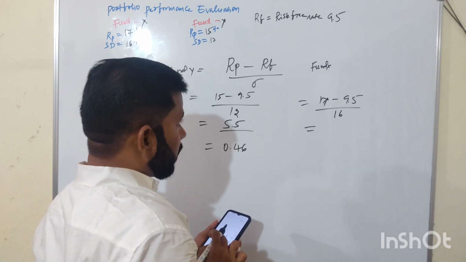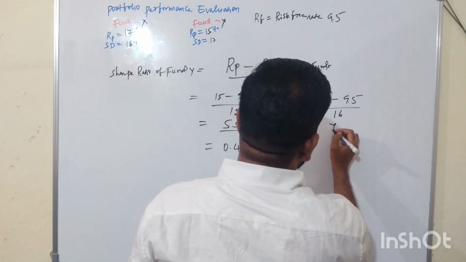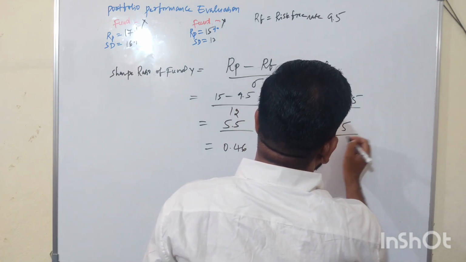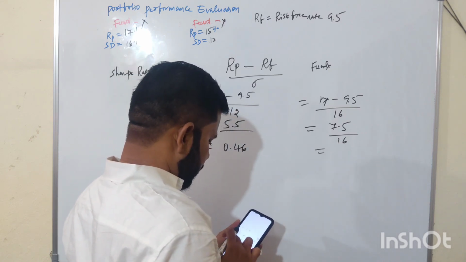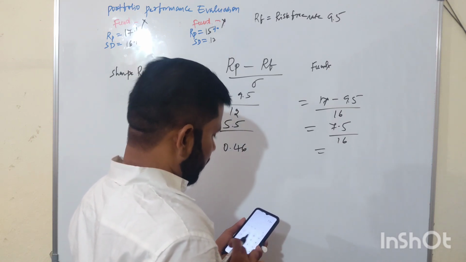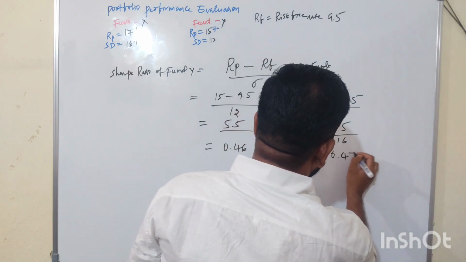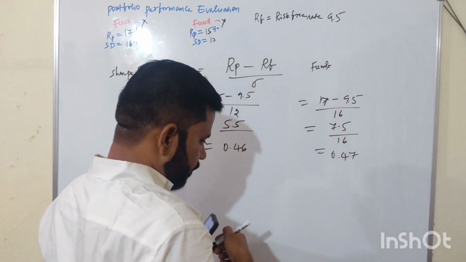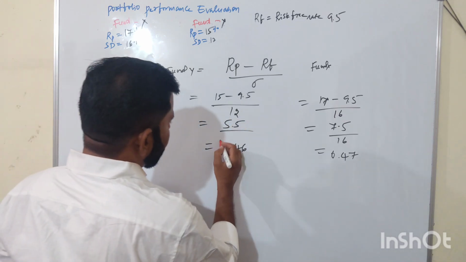So 17 minus 9.5 is 7.5, divided by 16. Yes, 0.47. Now let's make a comparison.